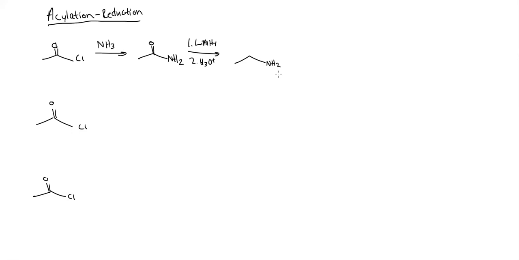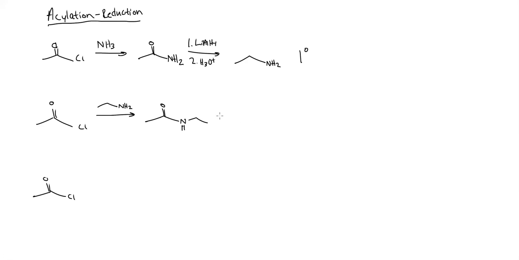And we can do this with anything else as well. So this one gave me a 1 degree amine. I can also make a 2 degree amine. So if I wanted to add this amine instead, then that would give me this as an intermediate.